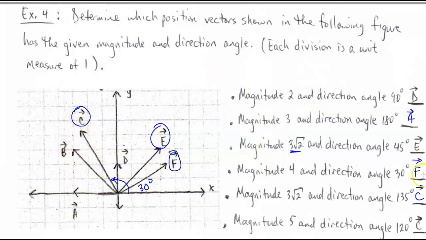Angle B is the one that would make the most sense for that one. I say that because this last one here is the one that's 120, and 135 is more than 120. So B would be the one that makes sense here. C would be this one here, and the angle going from there to there would be 120.